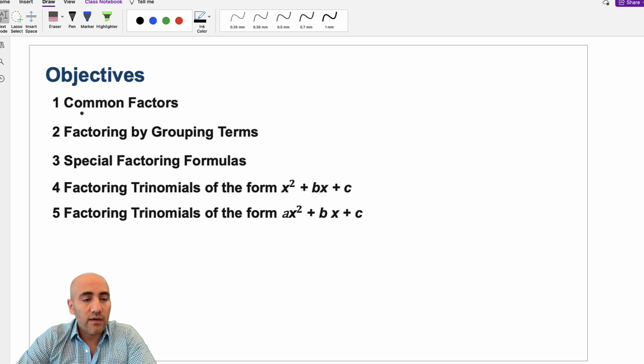Try using common factors, then try factor by grouping, then think about special factoring formulas, then factoring trinomials of the form x squared plus bx plus c, and then finally, if the other ones don't work, try factoring trinomials of the form ax squared plus bx plus c. And then again, you might have to repeat. Maybe you simplify it by finding common factors, and there might be more than one step. Okay, so let's go through each of these.